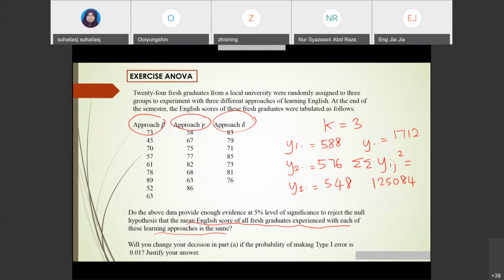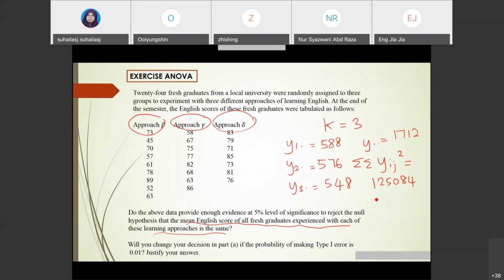Here, to calculate the totals for the first, second and third treatments, you have to total up as usual, because otherwise it does not split them. When you compute double summation Yij square, you enter all the data in your calculator and then use shift sum. It will give you 125084. Also, y dot dot is the summation x. You will get 1712.